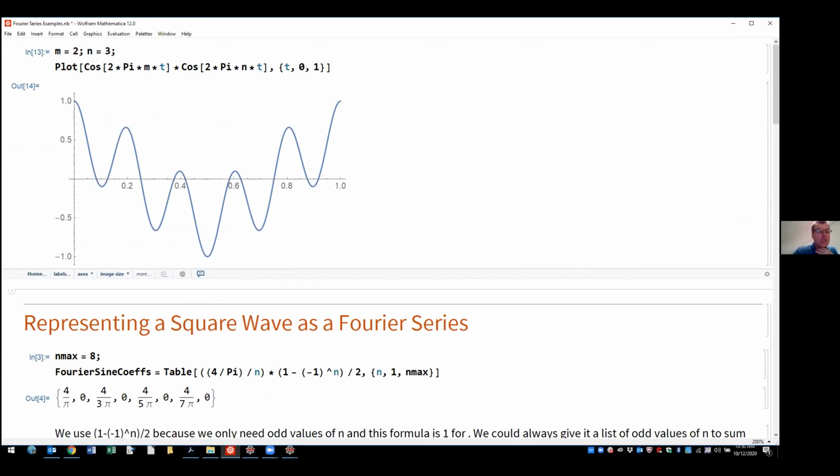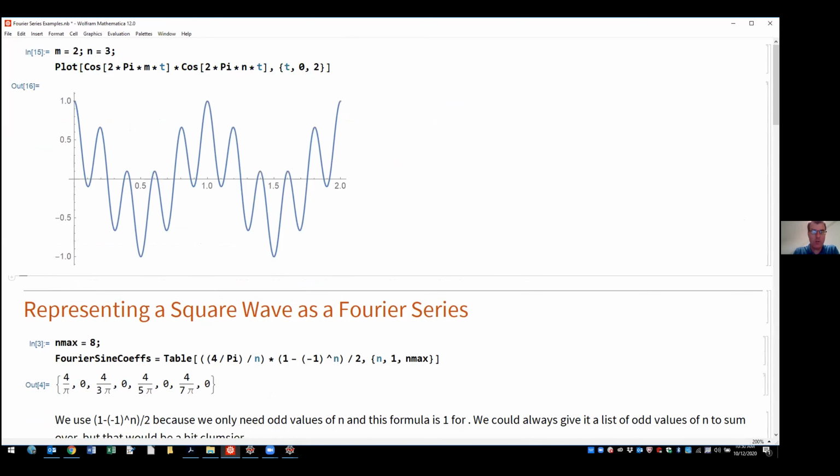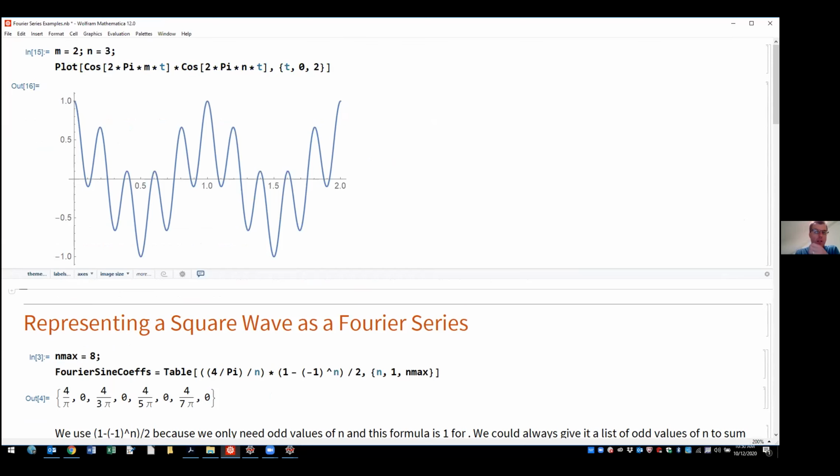And this function is positive half the time and negative the other half the time. If it helps, I could take it over 2 periods.